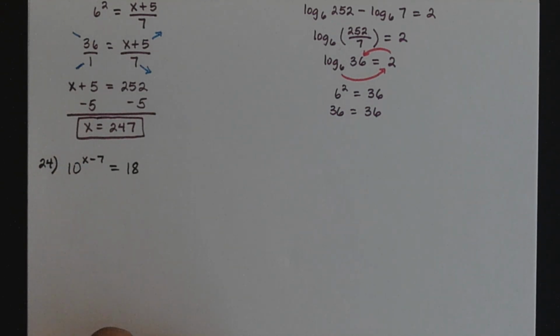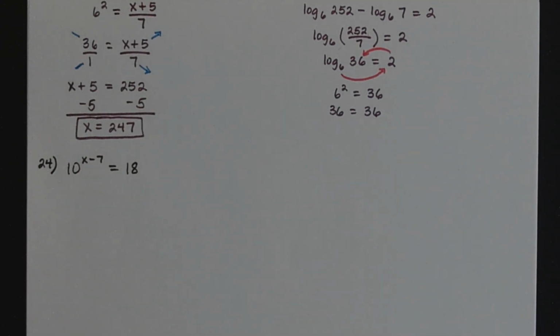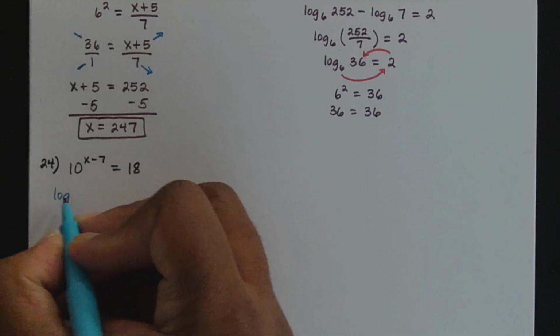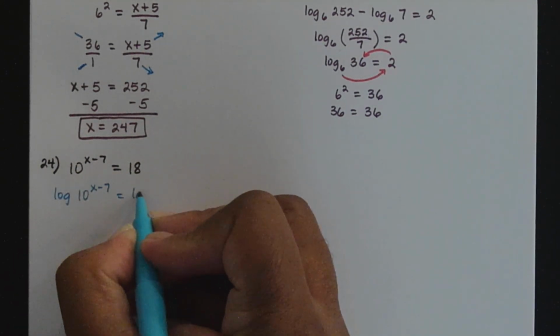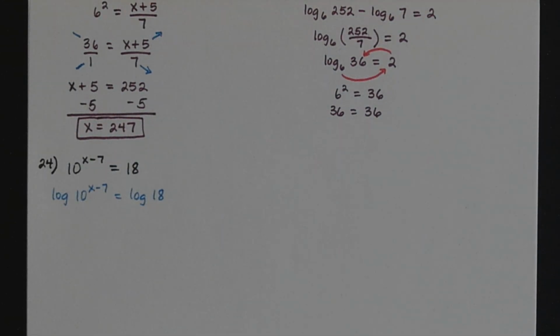Now, normally you'll take the natural logarithm on both sides. However, since we have a base of 10, it would be easier to take the common logarithm on both sides of this equation. So I'm taking the common logarithm on both sides of this equation.